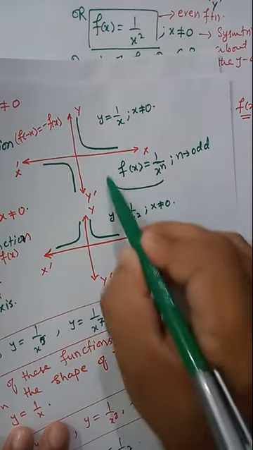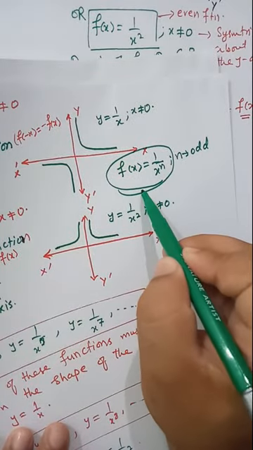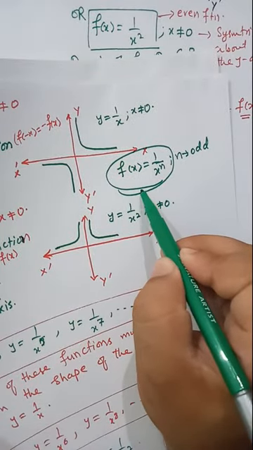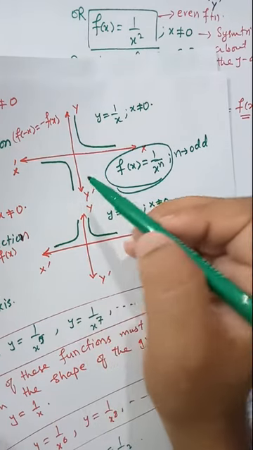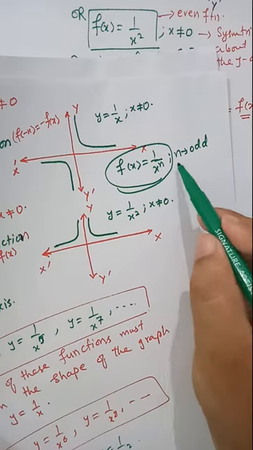So the graphs of these functions, this is the family of the function, must be in this fashion: symmetric about the origin, odd functions when n is odd.